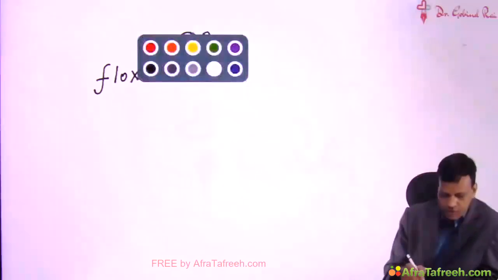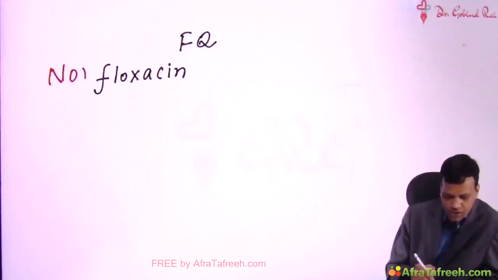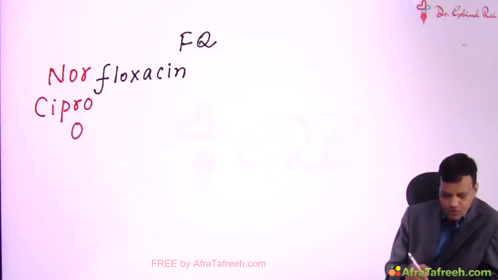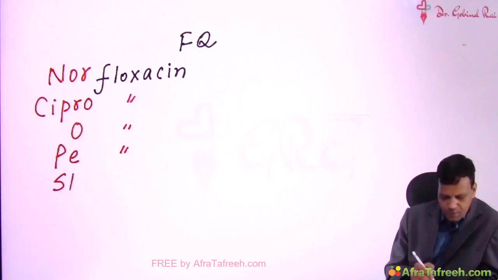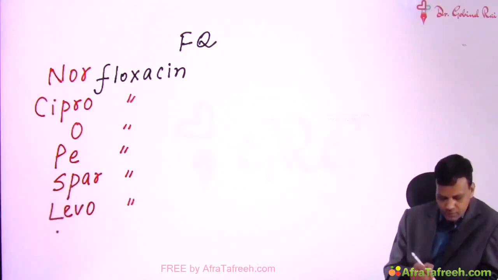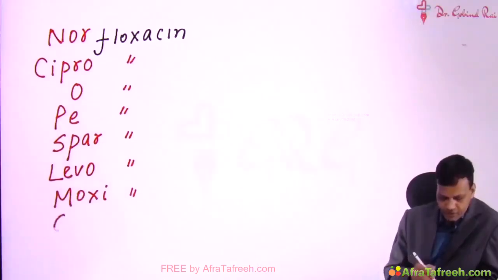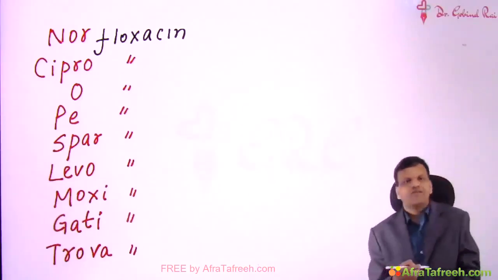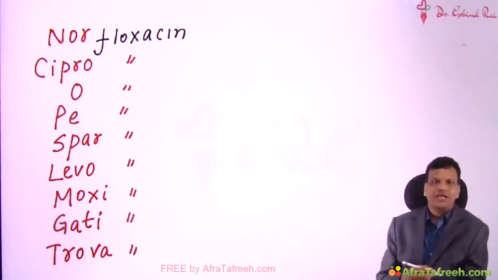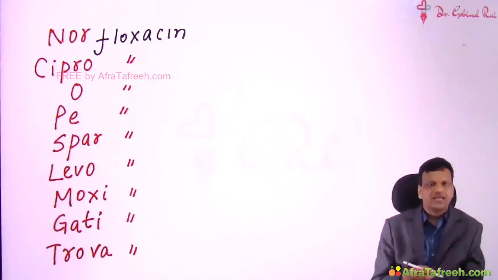Examples of floxacins or fluoroquinolones are norfloxacin, ciprofloxacin, ofloxacin, pefloxacin, sparfloxacin, levofloxacin, moxifloxacin, gatifloxacin, trovafloxacin. So many floxacins are available. They act by inhibiting DNA gyrase and they are cidal drugs.